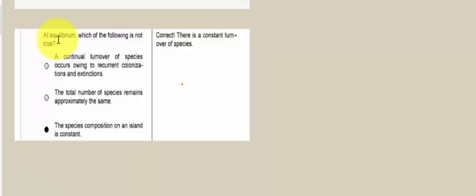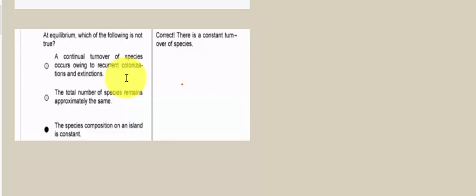Next question is at equilibrium, which of the following is not true? The first one is a continual turnover in the total number of species occurs owing to recurrent colonization and extinction. This is a true statement as there will always be some colonization and extinction, right? And in that manner only the equilibrium is maintained and the rate of colonization is equal to the rate of extinction, right?